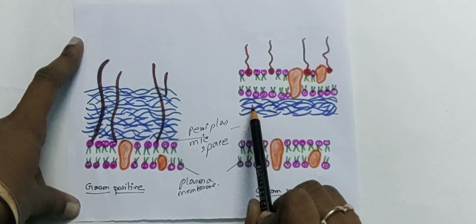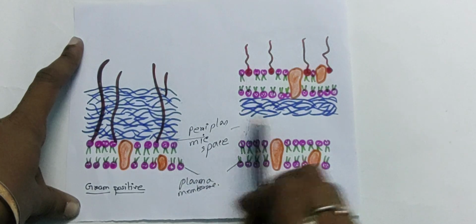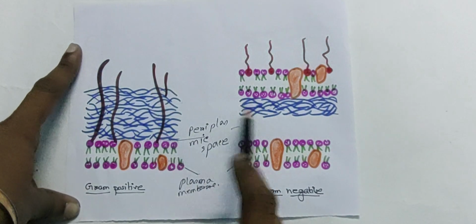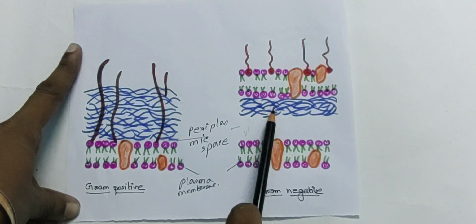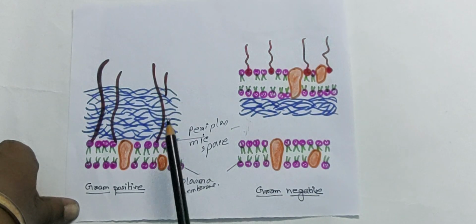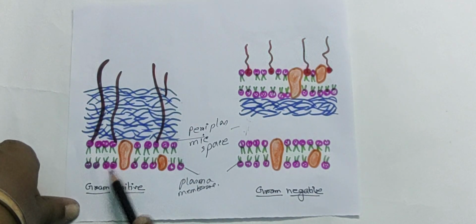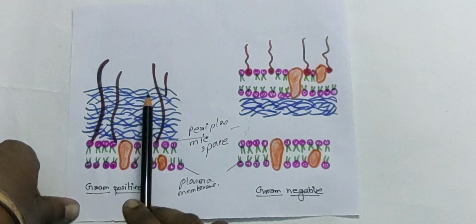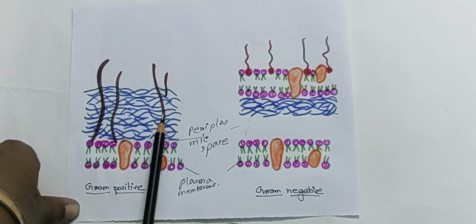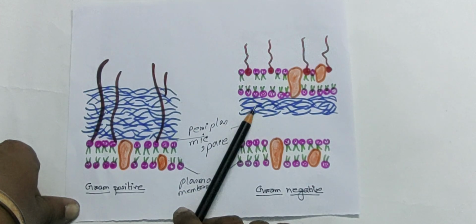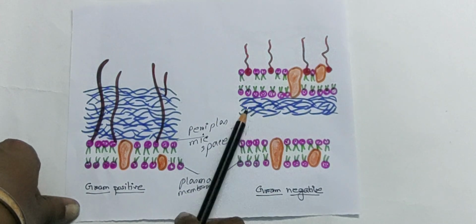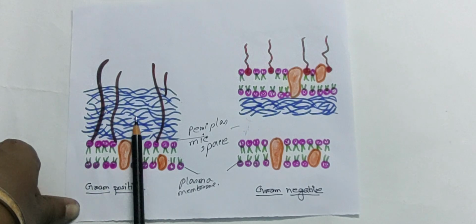And then there is a peptidoglycan layer. Look at one thing. For gram negative bacteria, the layer of peptidoglycan is thin, but in gram positive bacteria, the peptidoglycan layers are thick. Gram negative bacteria have a thin peptidoglycan layer. Gram positive bacteria have a thick peptidoglycan layer.